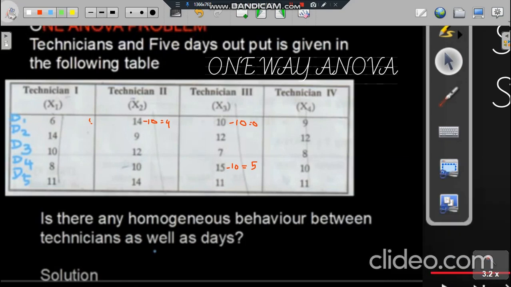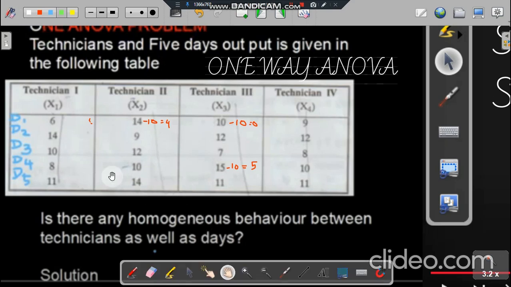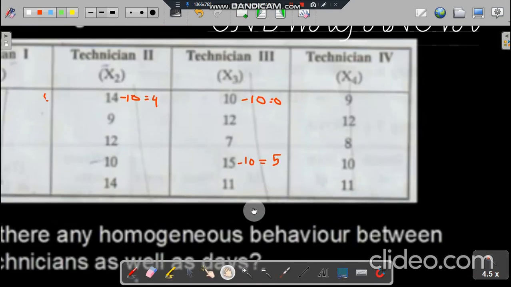How many technicians are here? Technician 1, technician 2, 3, 4. The output for these 4 technicians for 5 days is given here. These are the technicians, and these are the 5 days' outputs. Now I will maximize the screen so that you understand more.